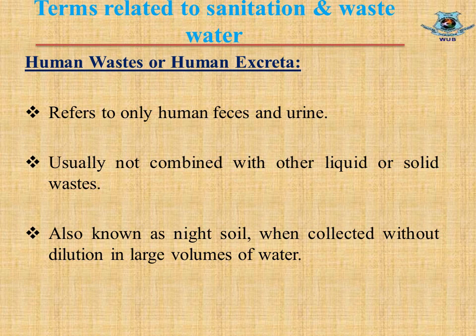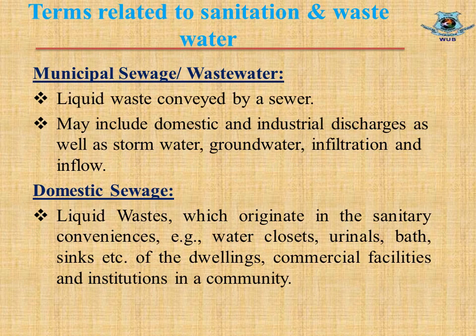Human wastes or human excreta refers to only human feces and urine, usually not combined with other liquid or solid wastes, as this is hazardous. Also known as night soil when collected with dilution in a large volume of water. What is municipal sewage or wastewater?